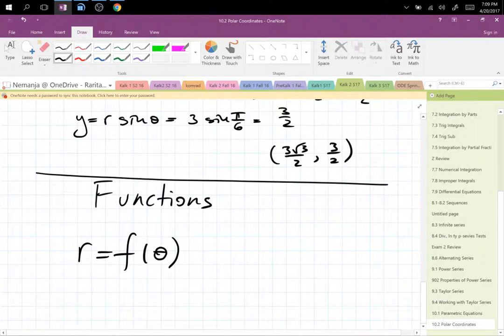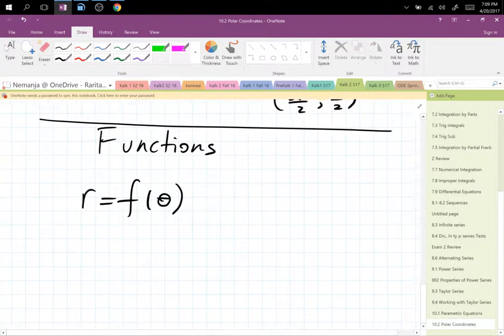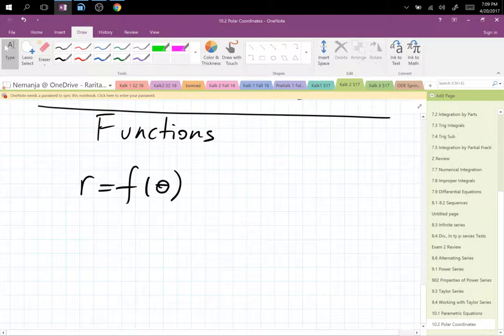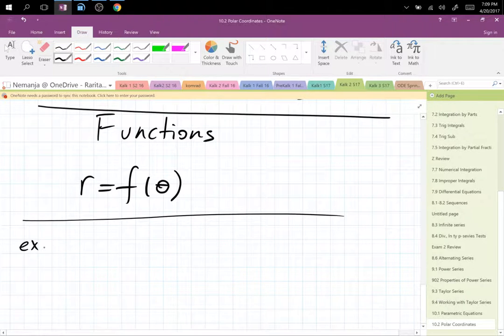You have your domain, which is how much of a circle you're going to swipe, and r is the output, right? So for an example, what is the equation r equals 3? What do we get for this?